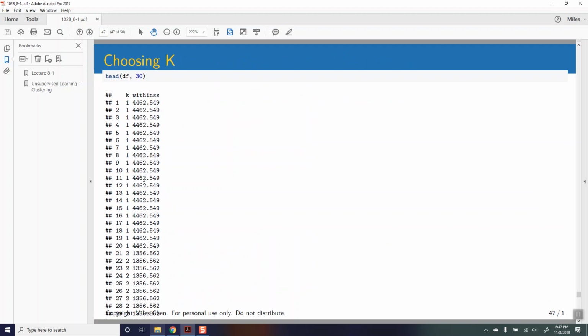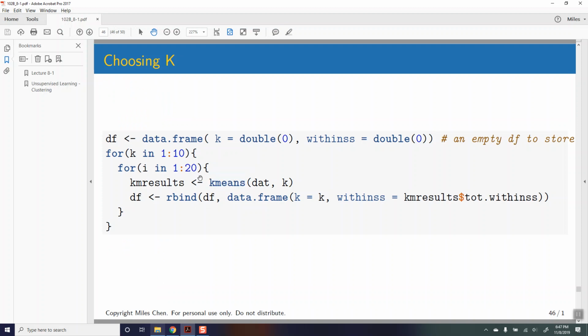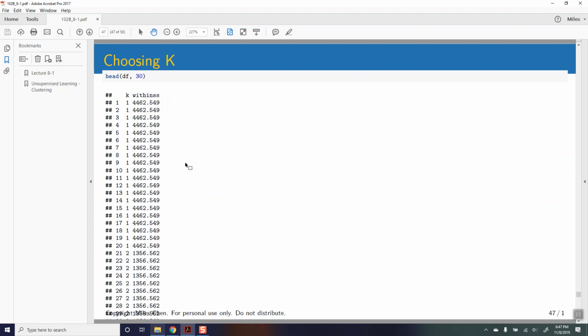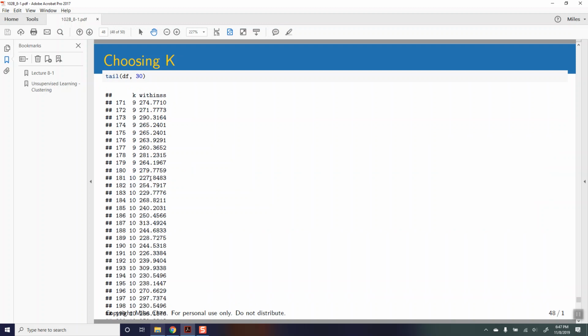When I ran this, I did 20 different runs when k equals 10, and the results ended up slightly different every single time. Most of the time my within sum of squares was 227, 254, but I did get a result of 313 and another of 309.